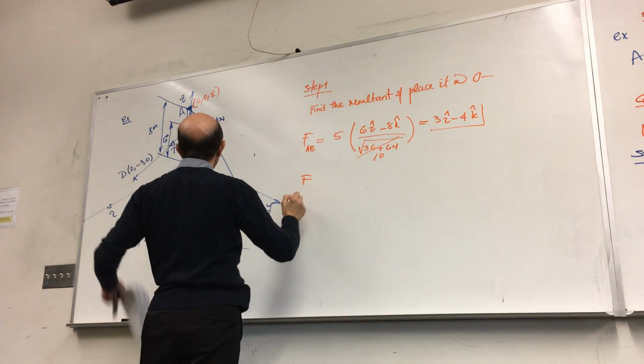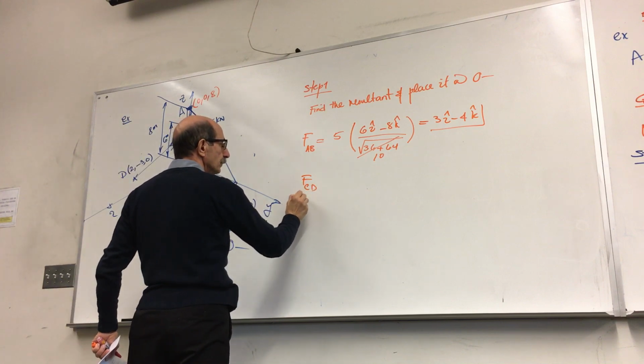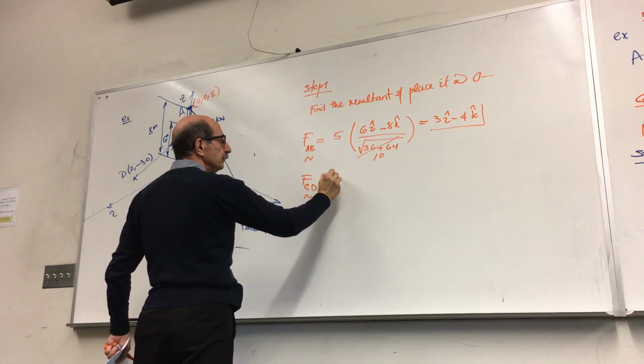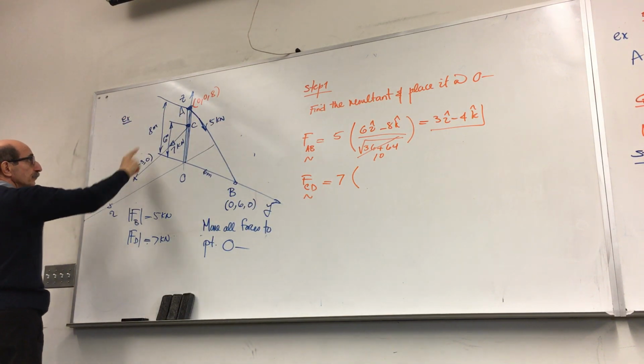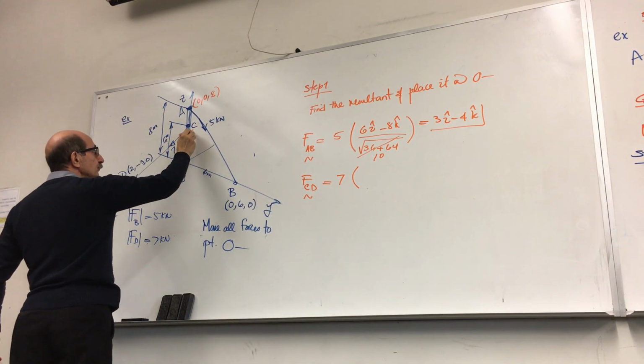Force CD would be magnitude of the force times the unit vector. So again, this minus that. C is 0, 0, 6.